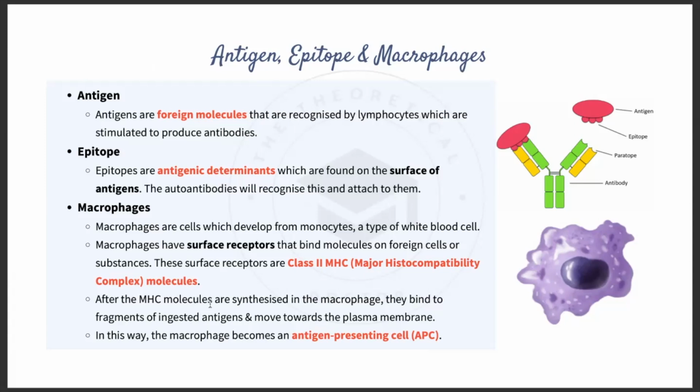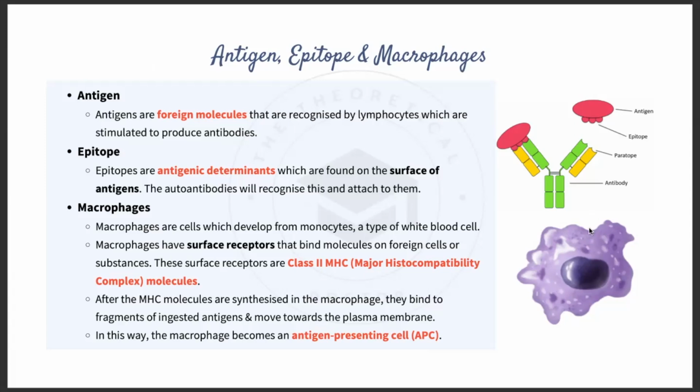After the MHC molecules are synthesized in the macrophage, they bind to the fragments of ingested antigens and move towards the plasma membrane. Basically, this macrophage will eat the antigen, and after it is phagocytosed, a part of that antigen will be displayed outside at the plasma membrane through the class 2 MHC.